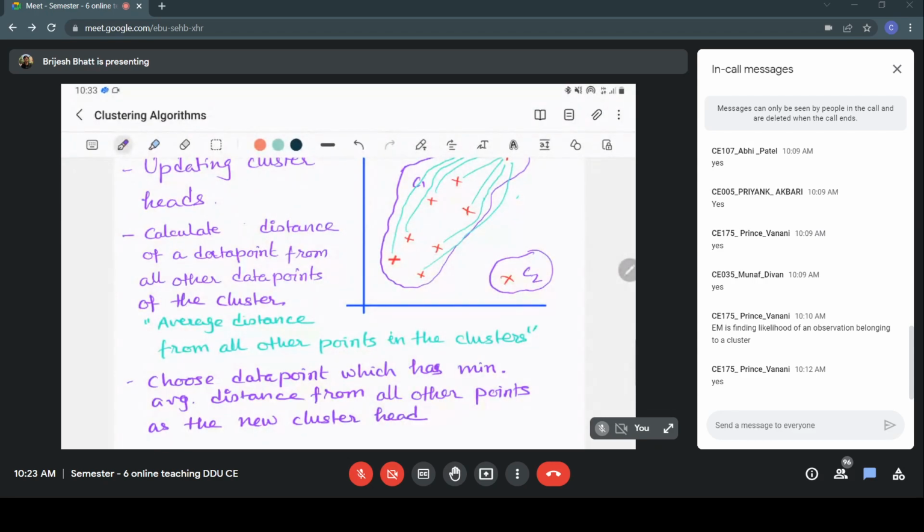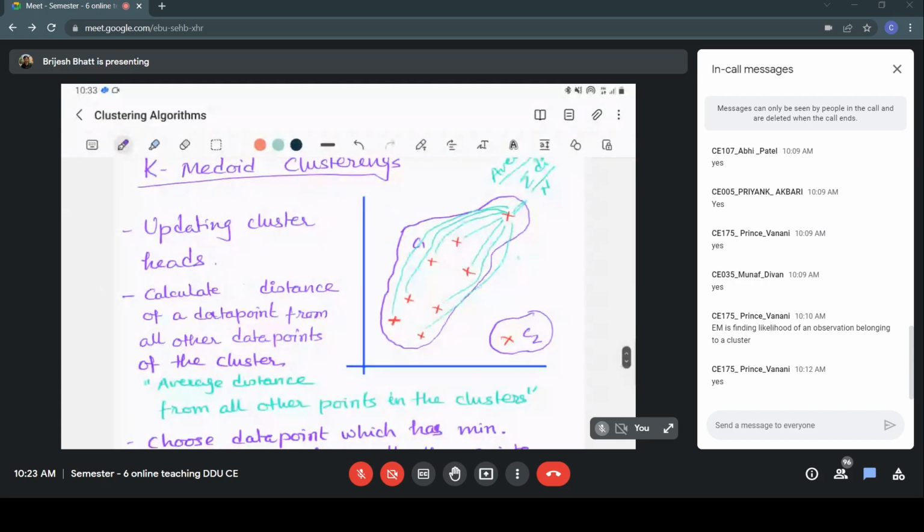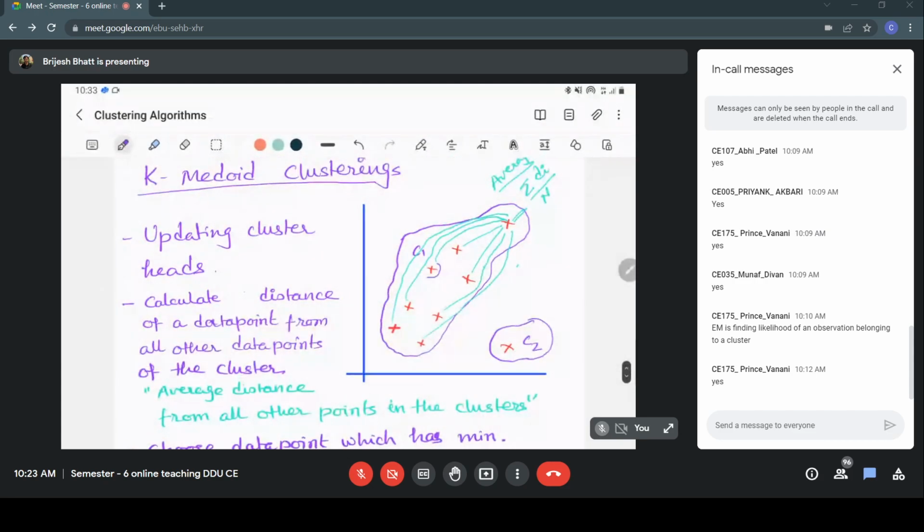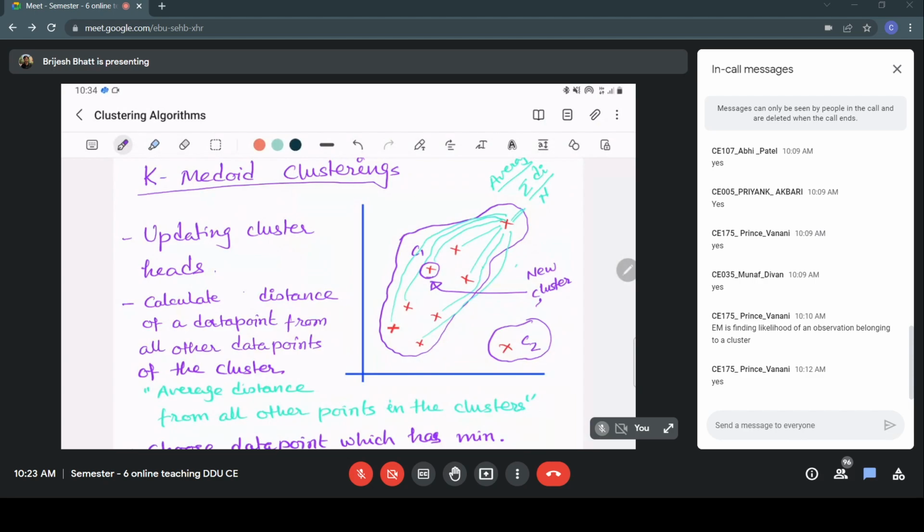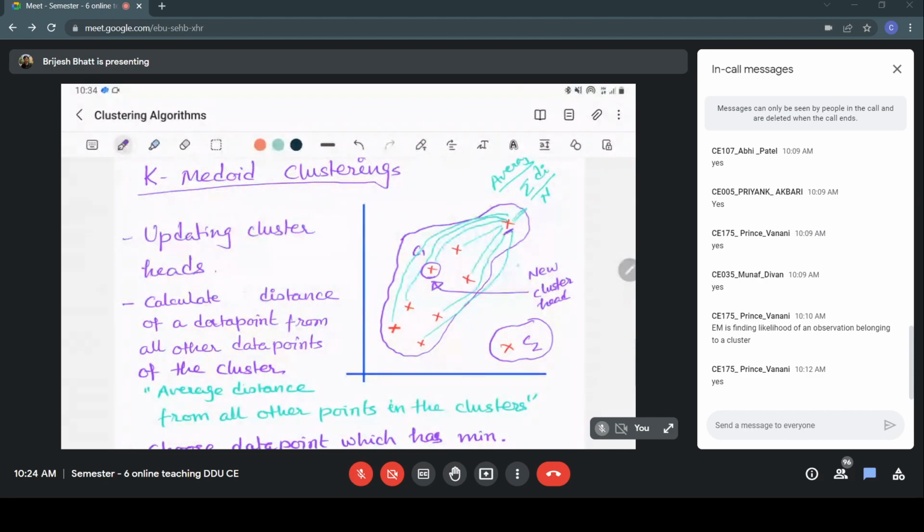We choose the data point which has minimum average distance from all of the points as the new cluster head. So if you notice in this case, again C1 will become the new cluster head, or rather it will remain the cluster head, because visually we can see that it has minimum average distance from the data points. It won't go towards this or this because they have very high average distance from all of the data points. Right? So the cluster head will remain C1 and so on.